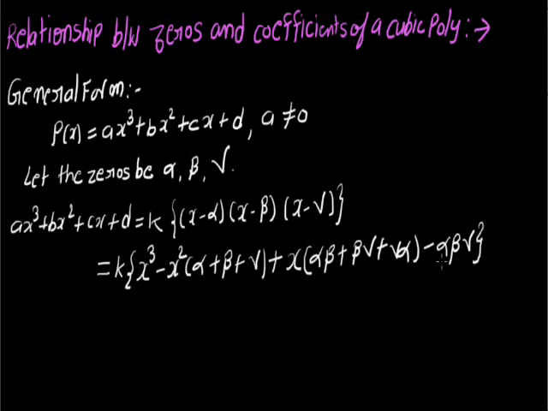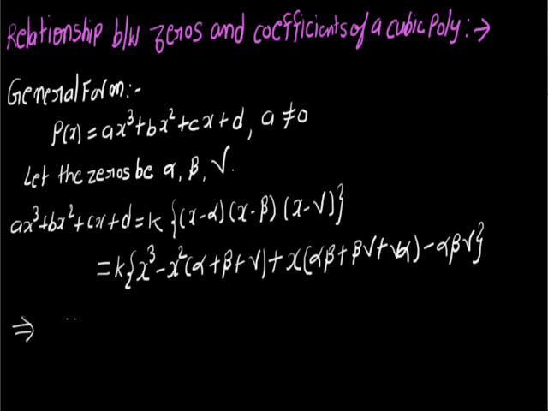This is the expression after simplification. Now we will compare both sides. Comparing the coefficients of x cube, x square, x and the constant term on both sides, what can we get?